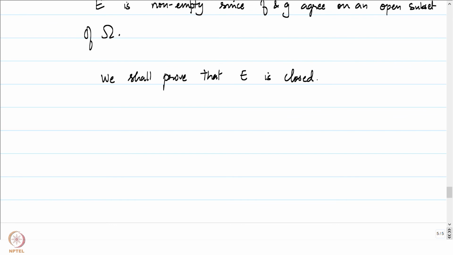That is again easy because if you look at E_n, the set of all those points in omega such that f^(n)(z) is equal to g^(n)(z) for a fixed n. Now, we have already proved that if f is holomorphic, then f prime is holomorphic, in particular it is continuously differentiable, in particular it is smooth, and therefore the nth derivative of f is a continuous function.